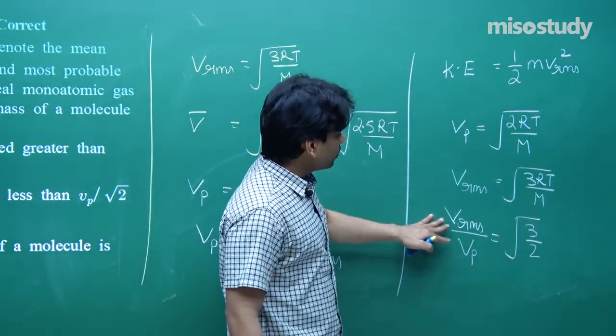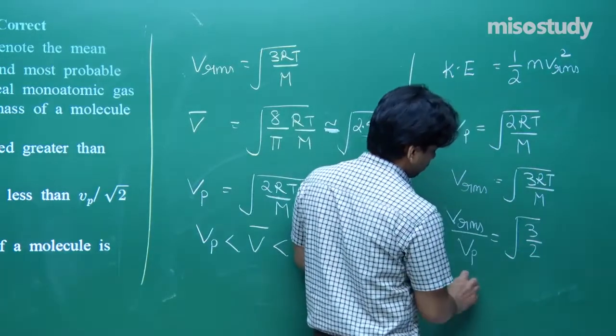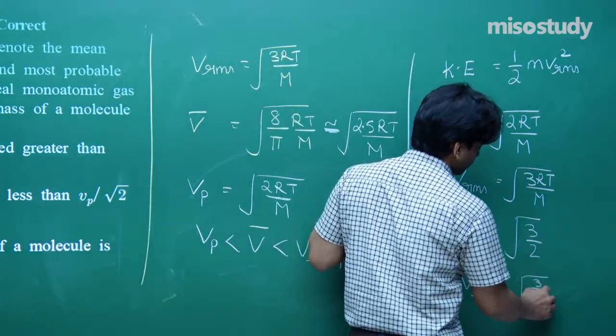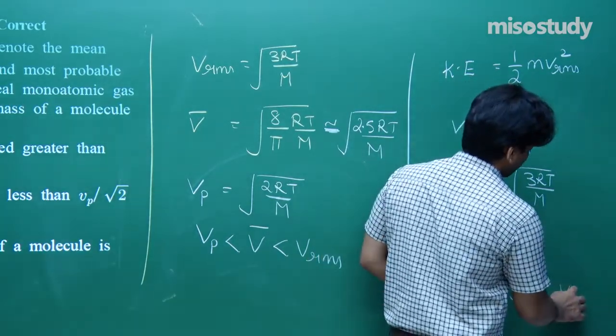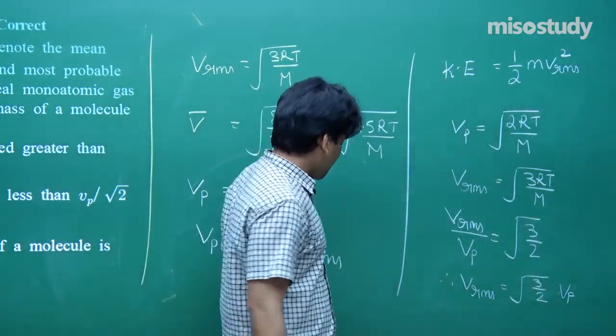So V RMS will be equal to under root 3 by 2 Vp. That is the formula for V RMS.